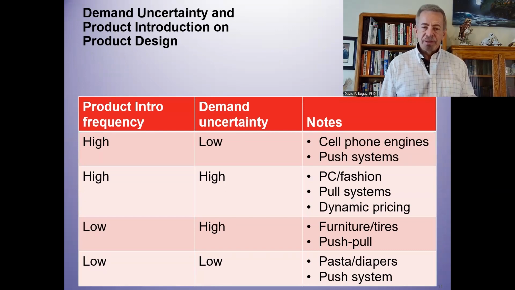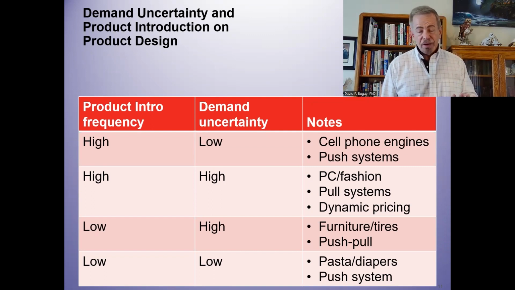Here's an example of some of the demand uncertainty about product introduction and product design. It just depends where you're at about the uncertainty. Cell phone engines, okay, push systems, PC fashion, pulses. You have the whole different aspect as to what is demand.